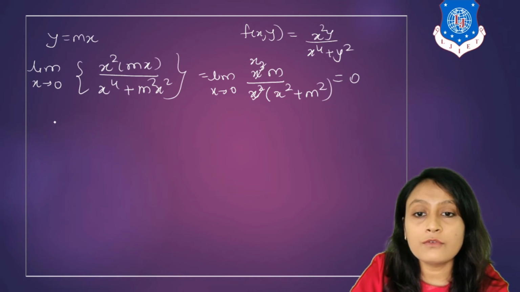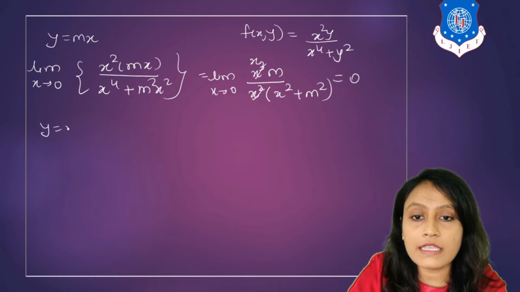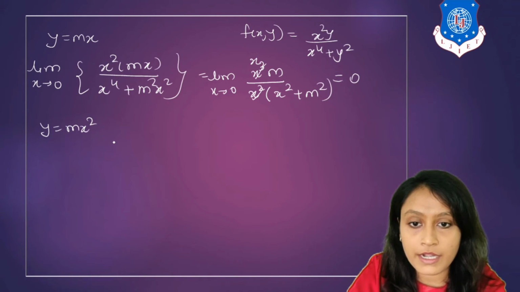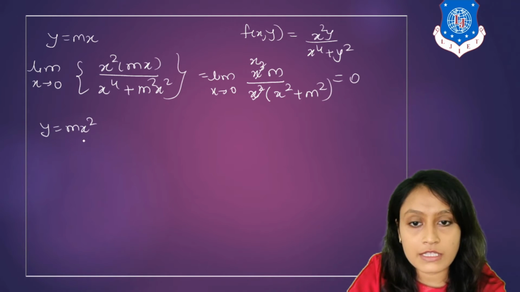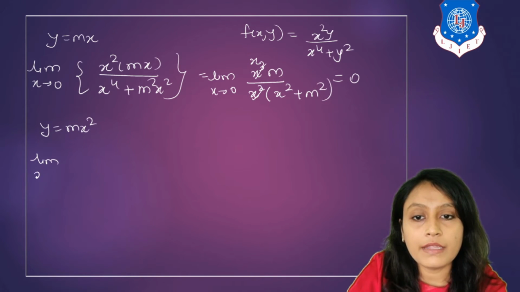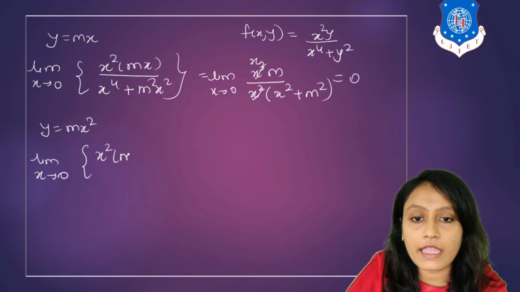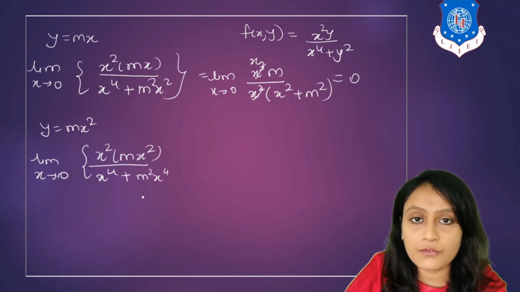Now we have to check for the path y equals m x square. In place of y, we will substitute m x square, so you will get limit x tends to 0, x square into m x square upon x raised to 4 plus, now we have to write y square, so it will become m square x raised to 4.